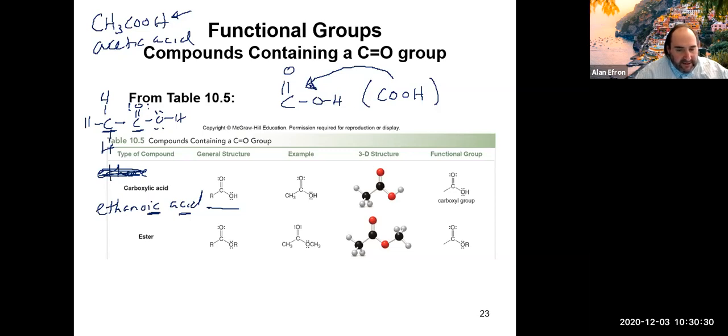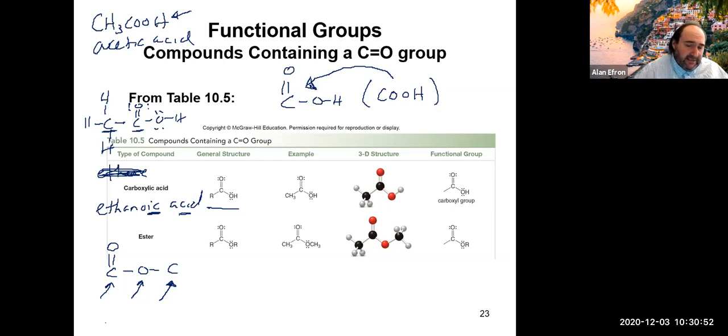An ester is very similar to a carboxylic acid. An ester has this arrangement. It has the carbon oxygen double bond. It also has the oxygen, but instead of a hydrogen there at the end, it actually has another carbon.